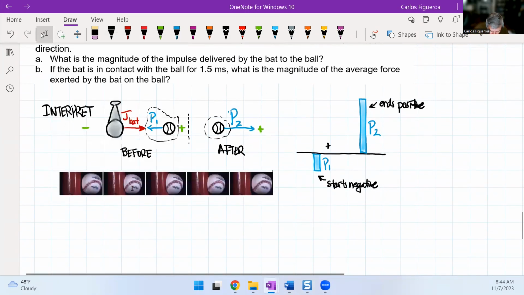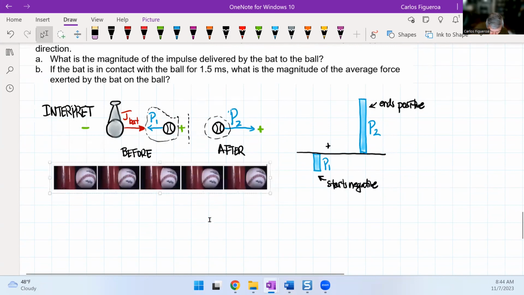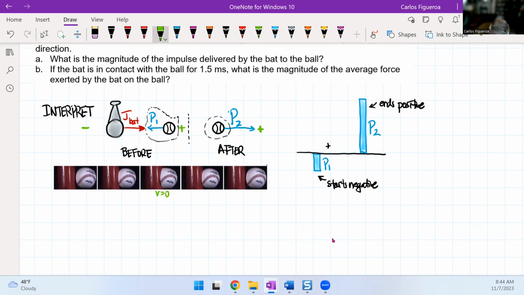The first thing the bat has to do is stop the ball. So the impulse, as the ball is coming this way, is being applied in that direction. This is the impulse of the bat. So the first thing that the bat has to do here is stop the ball first.